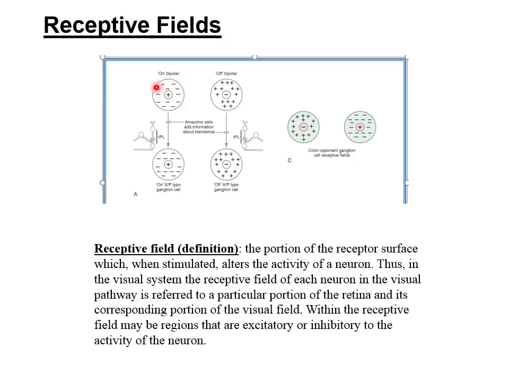That's a very common receptive field early on in the visual pathway, center-surround, where the center might be excited and the surround inhibited, or the other way around. These are the beginning building blocks of visual perception.